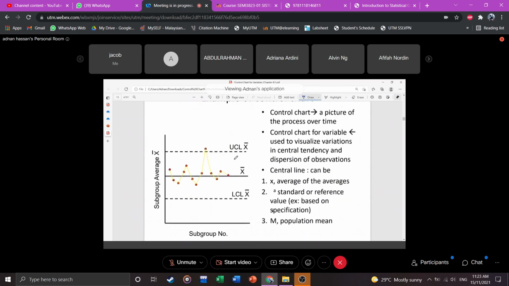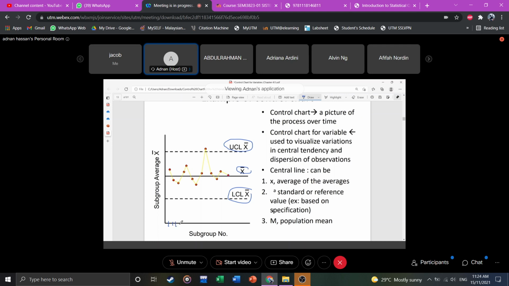Yeah, we have seen this many times already. A control chart, X bar chart. Center line is X bar. This is the upper control limit, this is the lower control limit, and this is the central line. We use the control chart to display this over time as the process progresses.